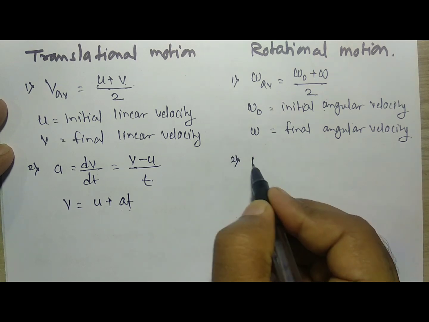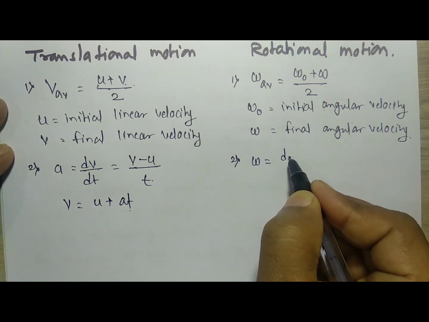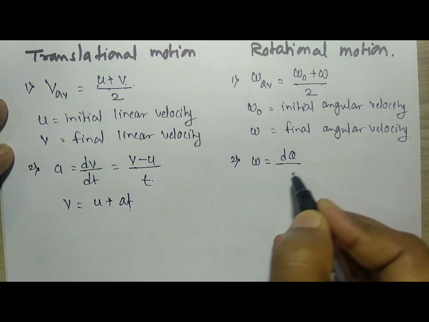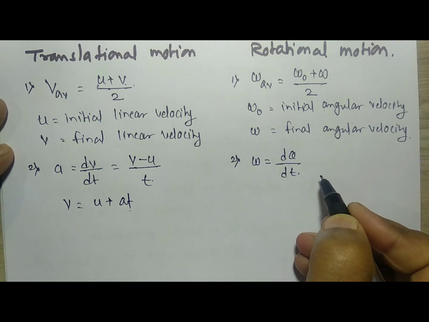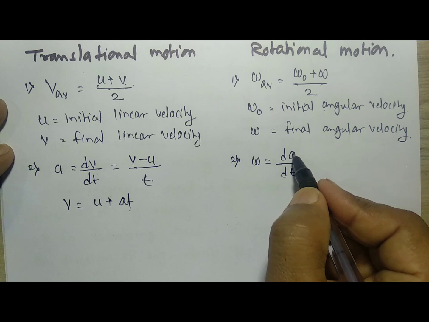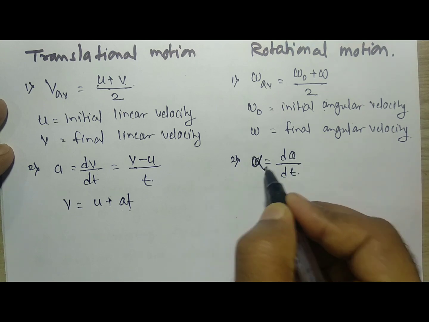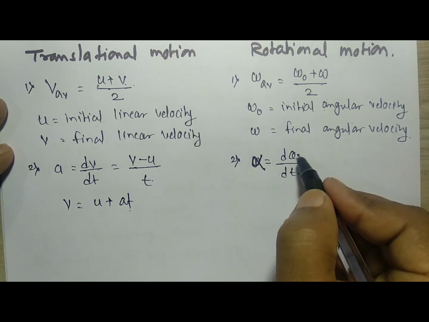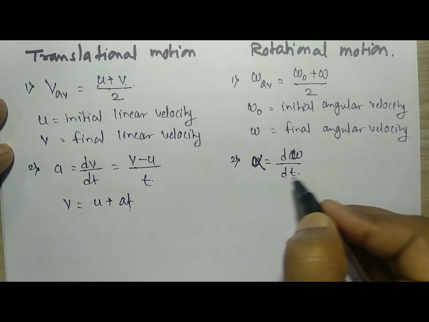Similarly, angular velocity is the rate of change of angular displacement with respect to time. Angular acceleration is alpha, the rate of change of angular velocity with respect to time.